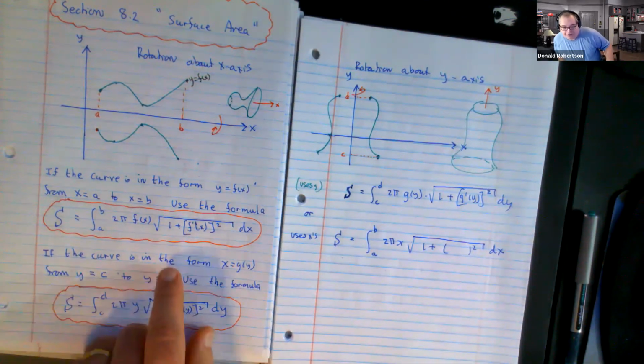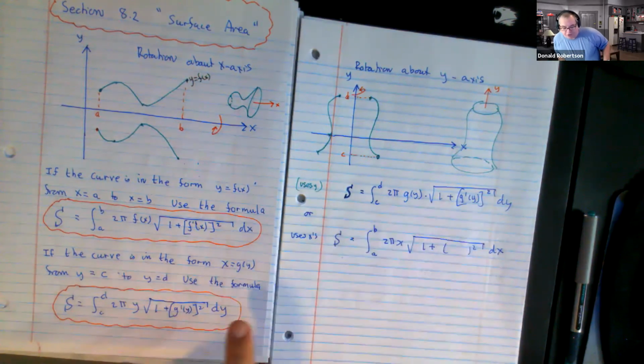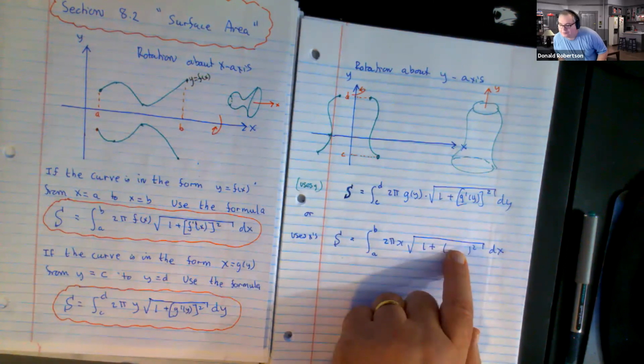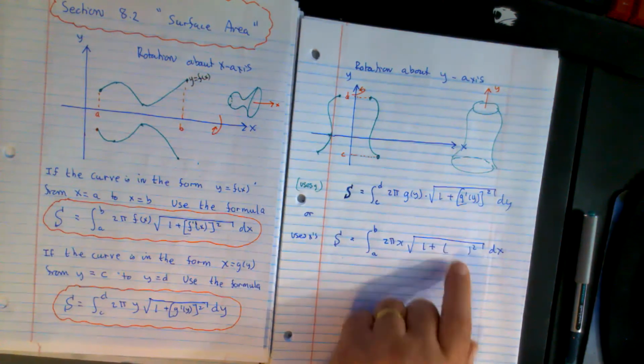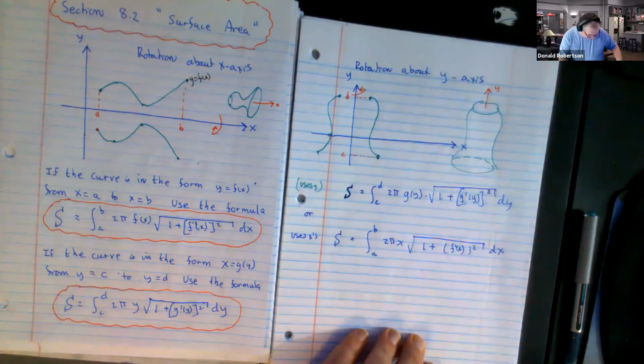If f dashed x turns into g dashed y, what do you think g dashed y should turn into? f dashed x. There we go. Or I guess you could memorize all 4 formulas.